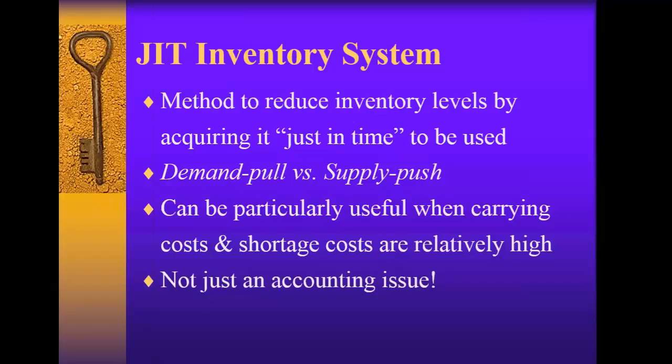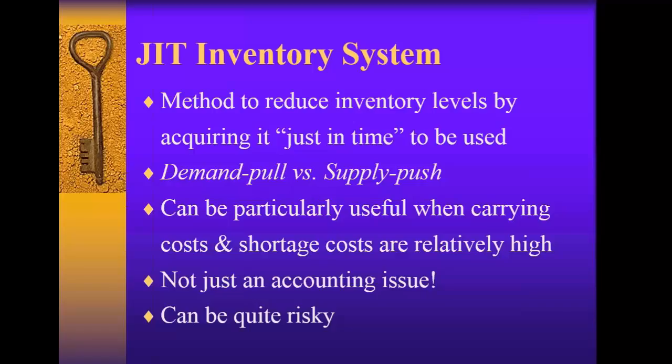So we see it's not just an accounting issue, and let's bring this back to the controller. The controller is probably going to be responsible for the purchasing process, and for components related to the manufacturing process and inventory.